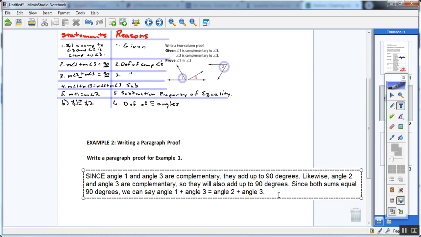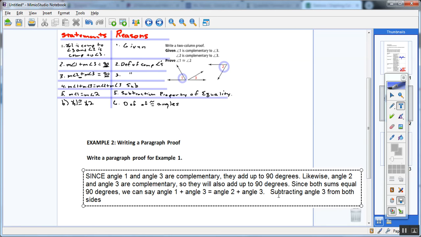All right, now I can say subtracting angle 3 from both sides gives us angle 1 equal to what? Angle 2.